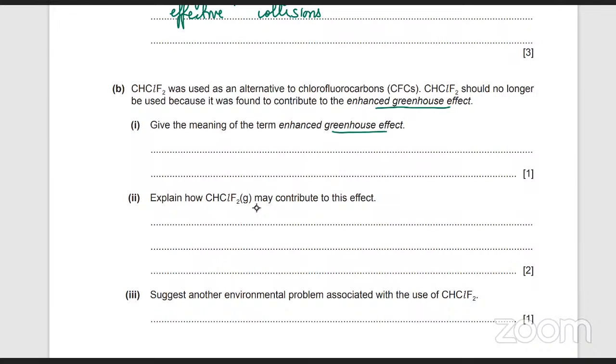Enhanced just means that there's more of it, right? The greenhouse effect is the rise in global temperatures that happens as heat gets trapped in the atmosphere.